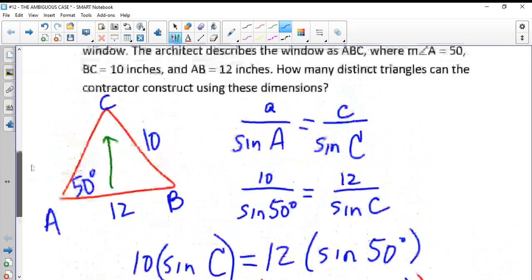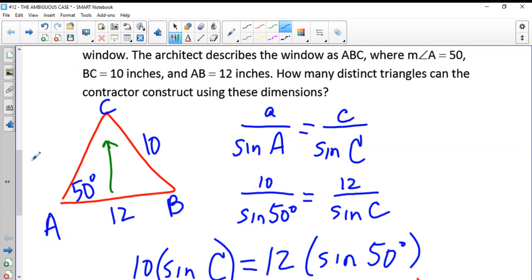So in order to see if they work again, we need to come back to our triangle and check to see, can they all add up to 180, and is the largest angle opposite the largest side. So the first one is 67 degrees. So if I think of this being 67 degrees, 67 is bigger than 50 and 12 is bigger than 10.